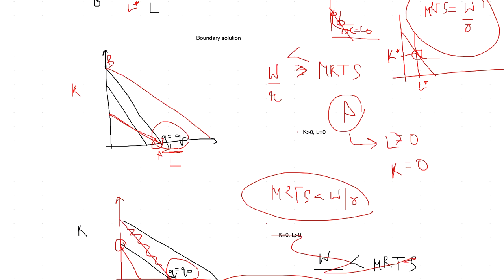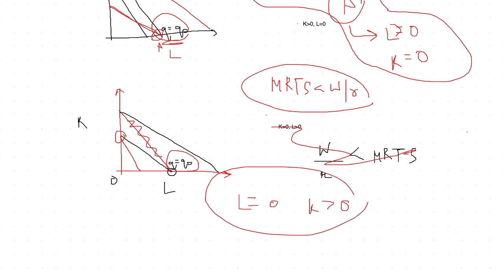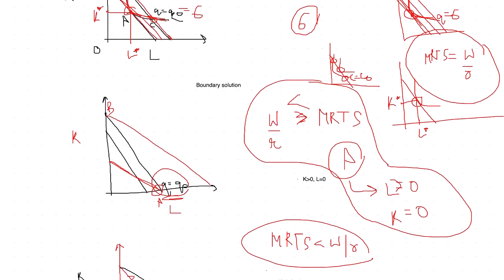Two cases are, one, W by R less than MRTS, in which this is happening. The other case is where this is happening. For the diagrams, Q is equal to Q0 is this black line. I will just draw this again.